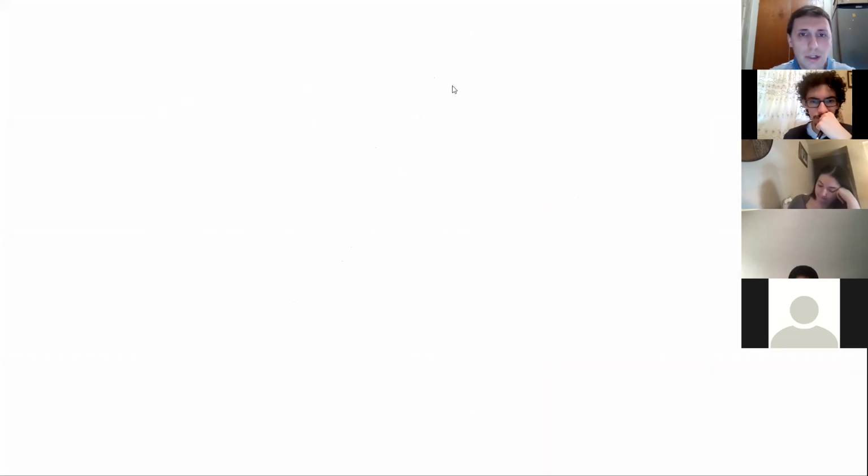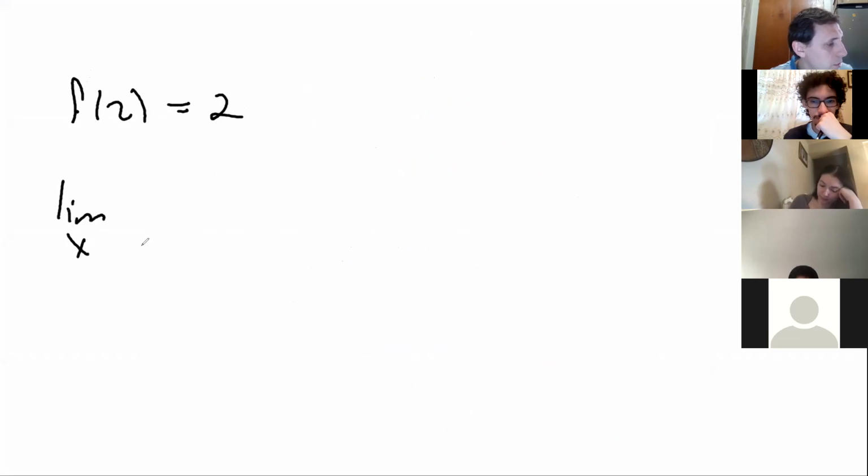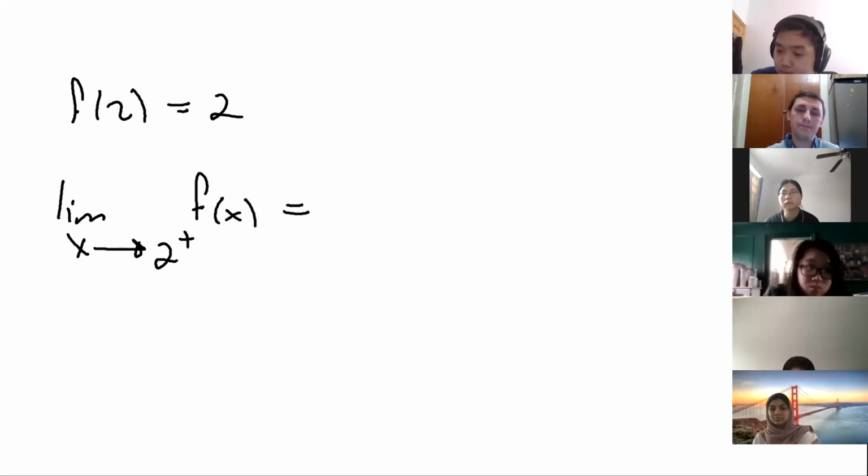So at an integer, let's say at 2, so let's say f of 2 is equal to 2. But what about the limit as x goes to 2 plus of f of x? What would that be equal to? What's the limit, please?